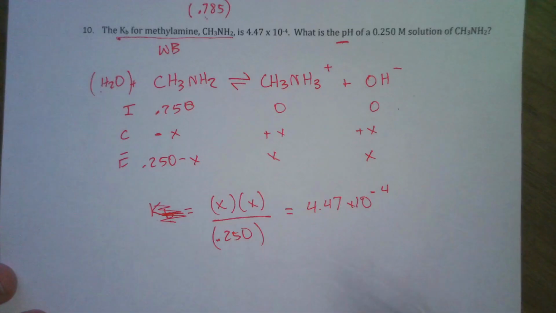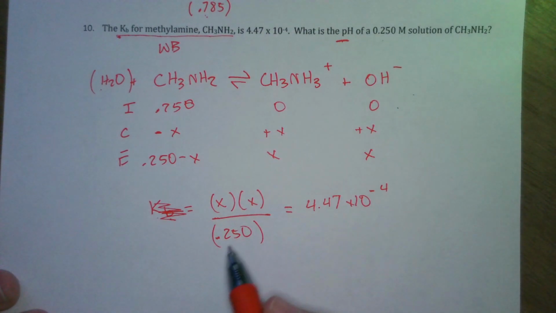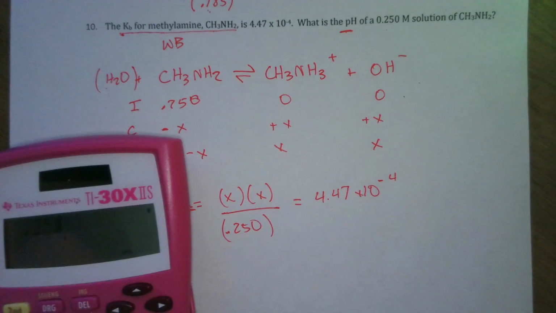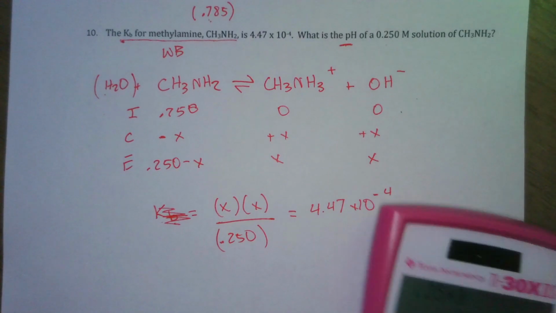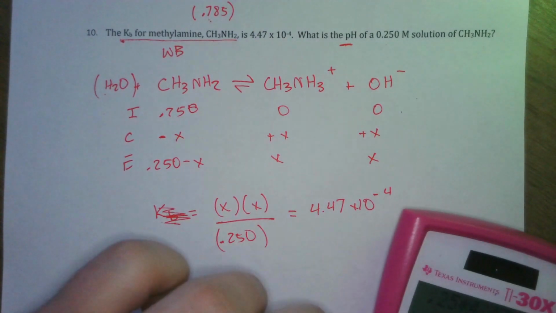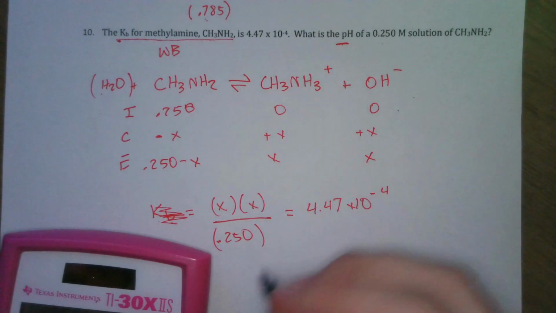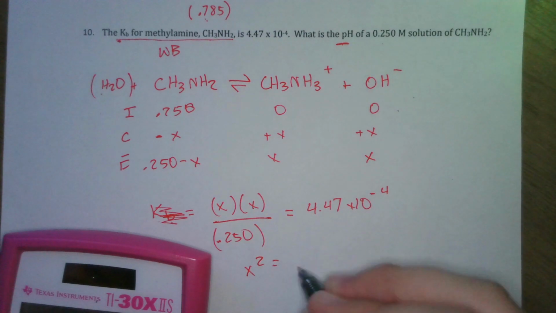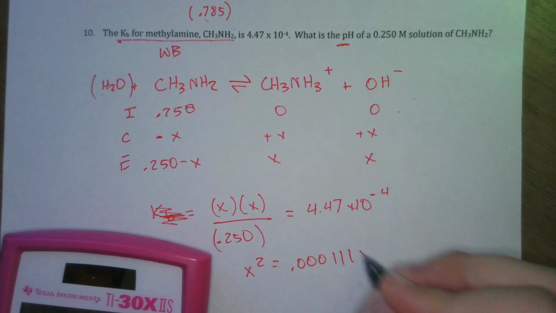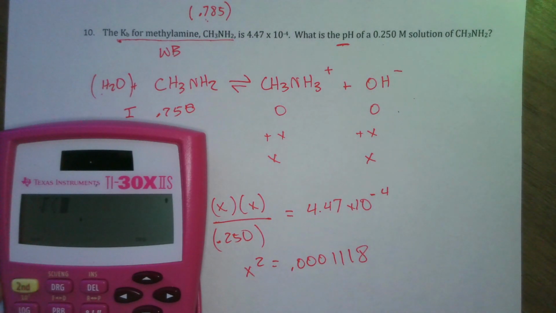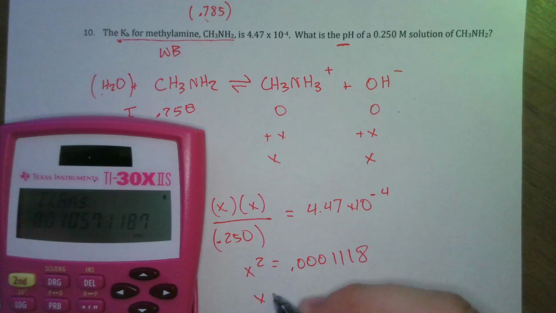Multiply 0.25 up. 0.25 times 4.47 times 10 to the minus 4 gives me x squared equals 0.00011118. Square root of that, x is 0.0106.